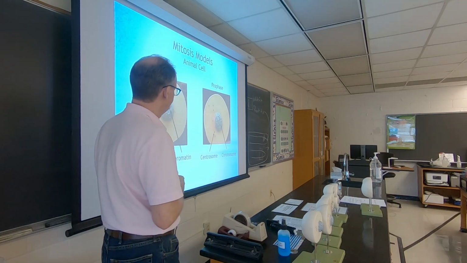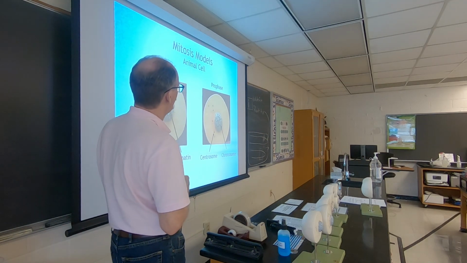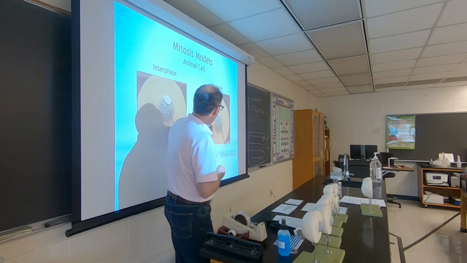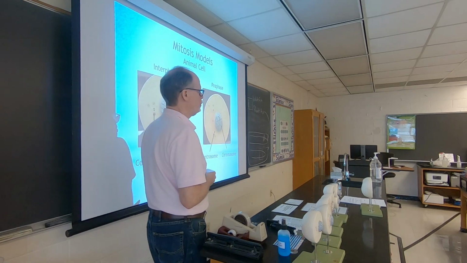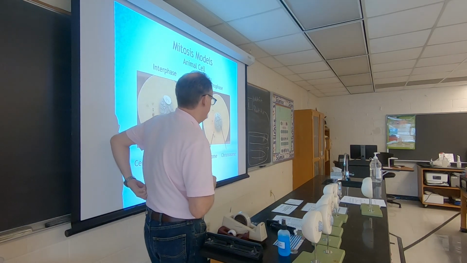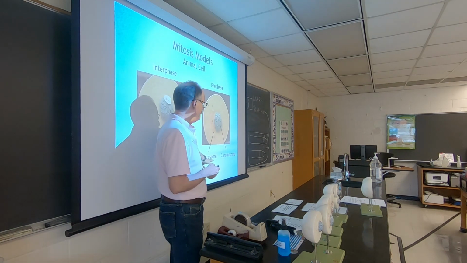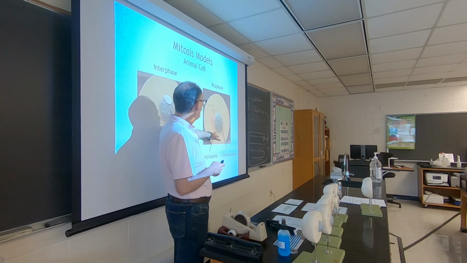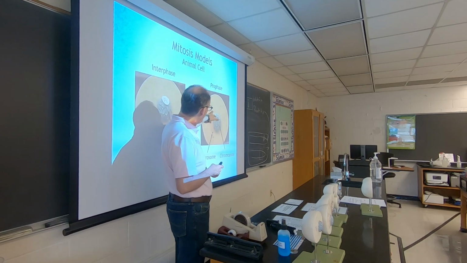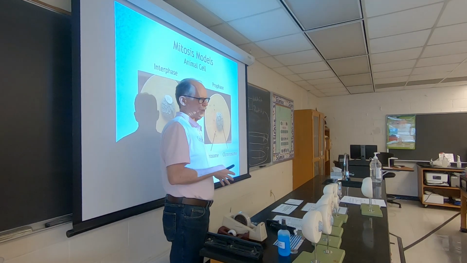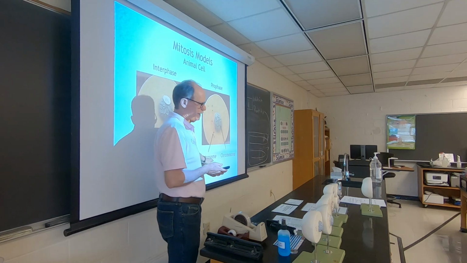25 is our asters. Well, no, 25 are the spindle fibers, microtubules or spindle fibers. Now it's the centrosome here, it's still considered a centrosome here, although it's turning into the aster. After this step, I might still label it a centrosome.